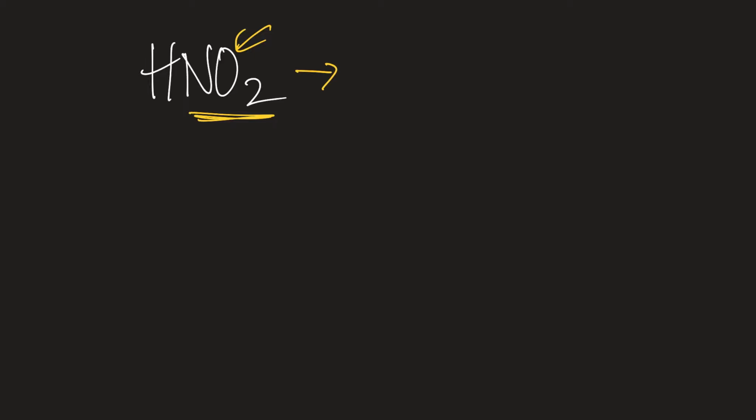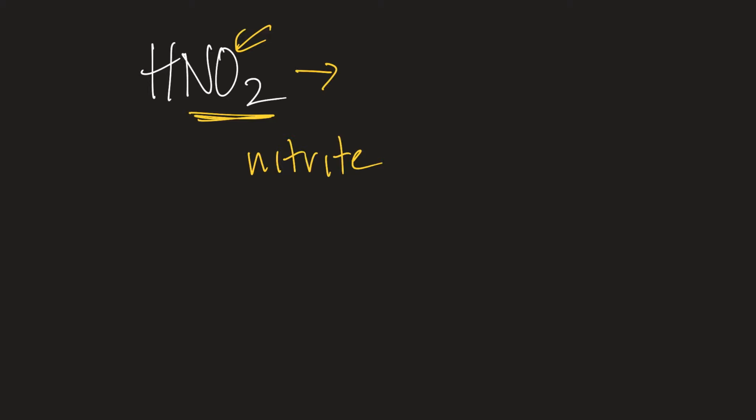Let's talk about HNO2. If you notice, we have a polyatomic, and the polyatomic contains an oxygen, so it's an oxyacid. We go with the oxyacid rules. We first need to figure out the name of NO2. The polyatomic NO2 is nitrite.